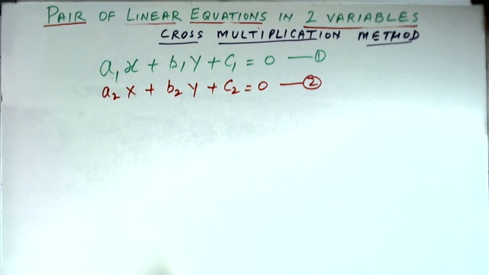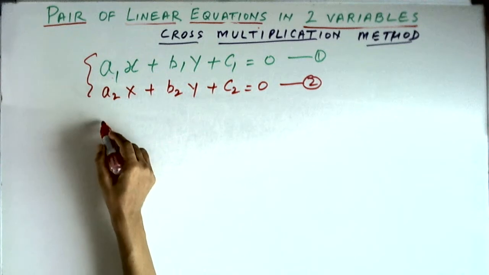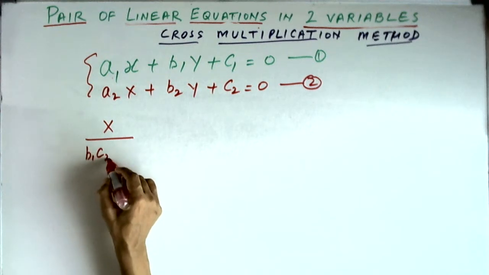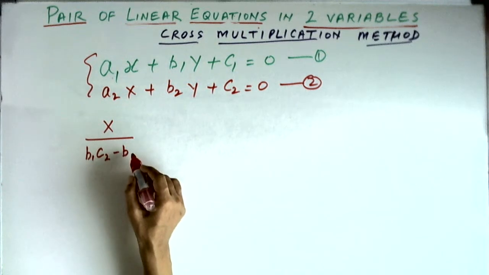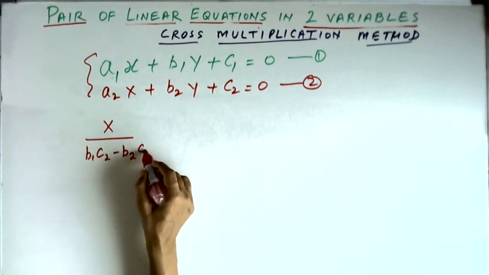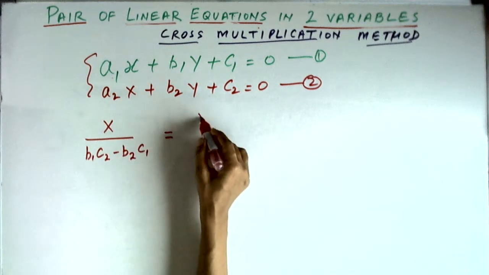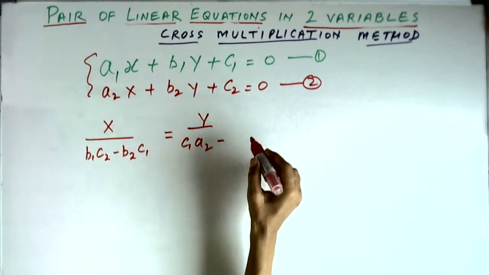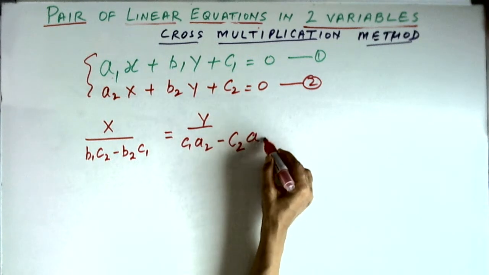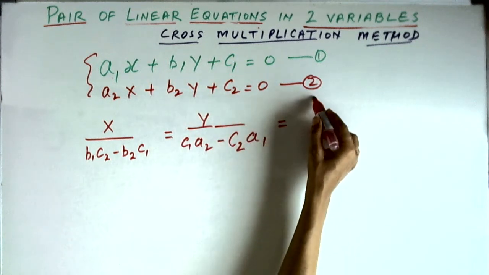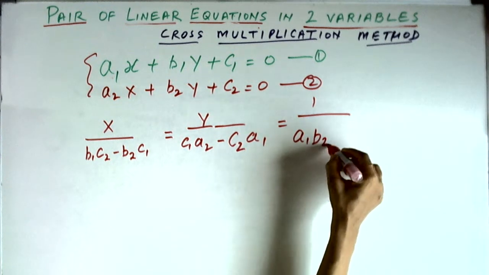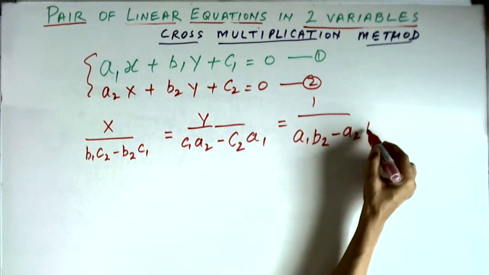we know by a formula that if two equations are given like this, then x over b1 c2 minus b2 c1 equals y over c1 a2 minus c2 a1 equals 1 over a1 b2 minus a2 b1.